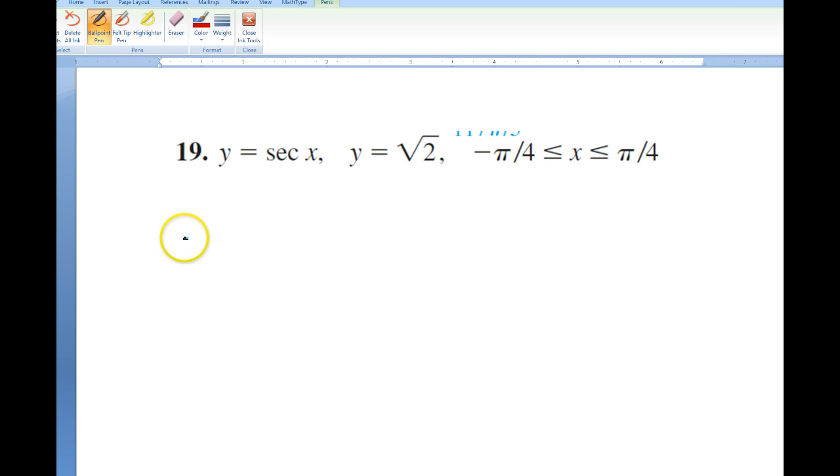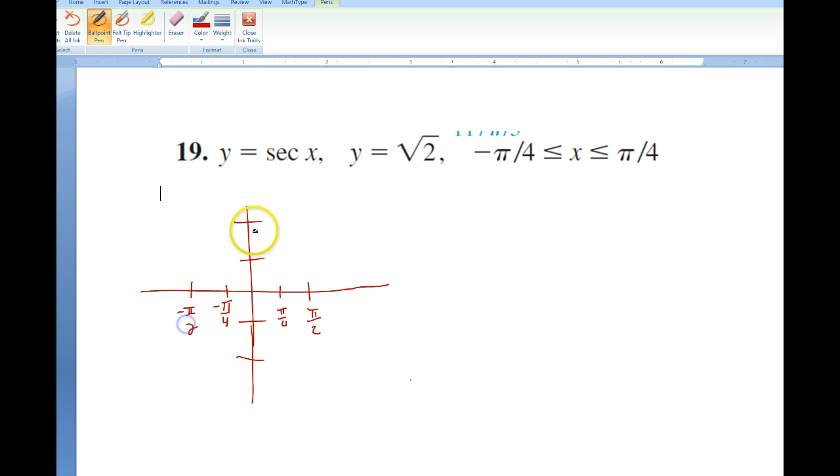In fact, if we were going to sketch this, remember secant. If we recall, here's pi/2, here's pi/4, -pi/4, -pi/2.